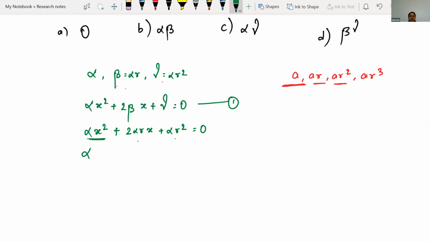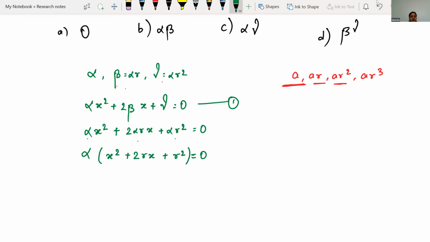No, we cannot, because x square and r square are there, so like terms are not there. One thing we can do is take out alpha as common, right? So 2rx plus r square is equal to 0, right?